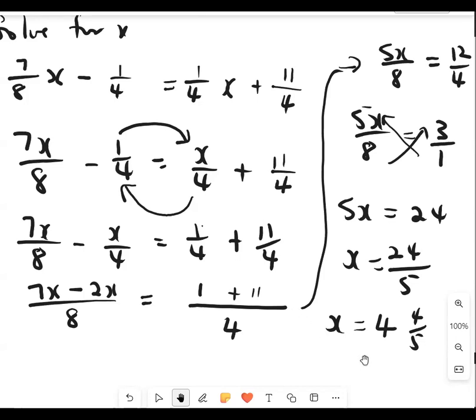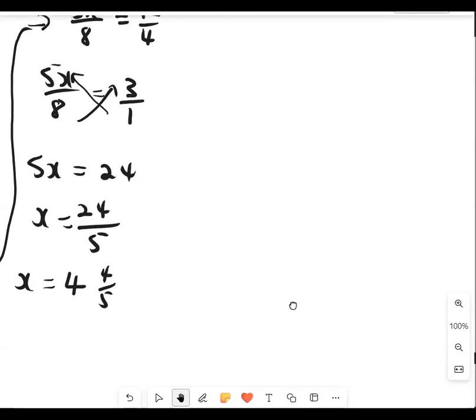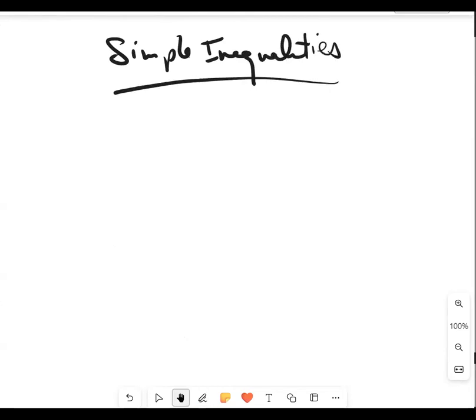So let me go over to inequalities a little. Simple inequalities. There's a simple rule that you have to remember, and this is the rule.